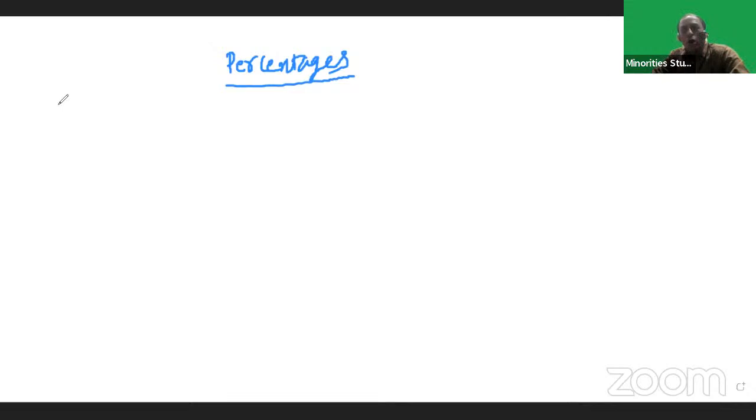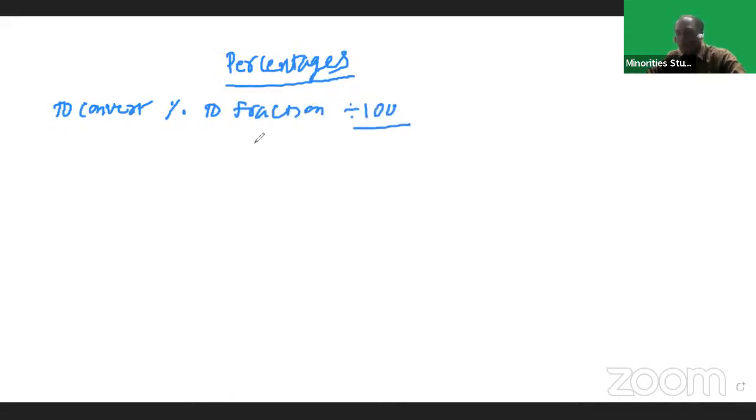So now, how to convert percentage to fraction? To convert percentage to fraction, just divide it by 100. For example, 20 percent.